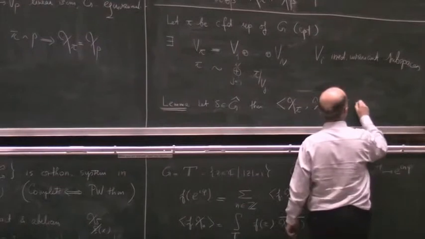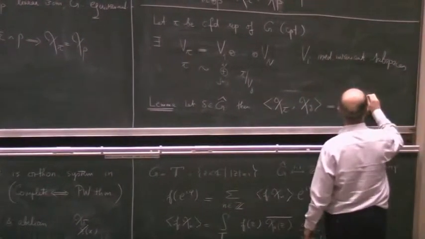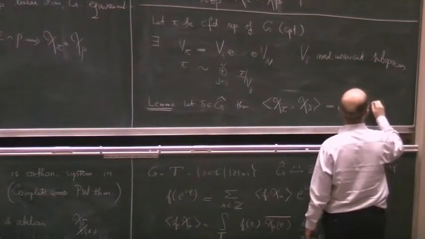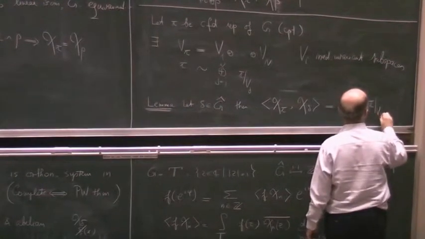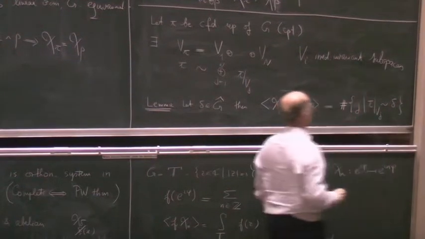So this is the number of indices j for which the restriction of pi to V_j is equivalent to delta.